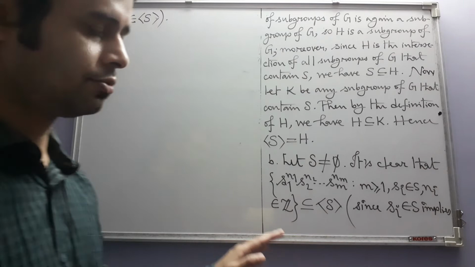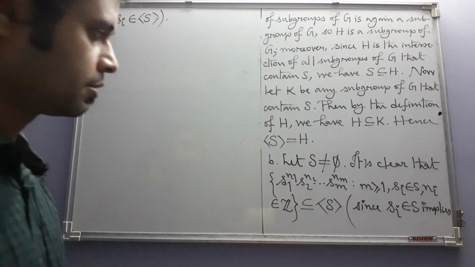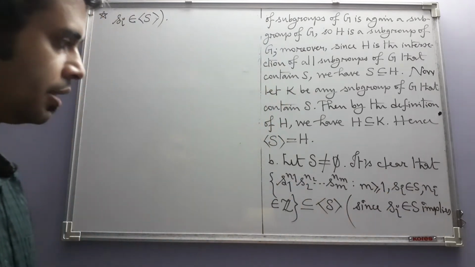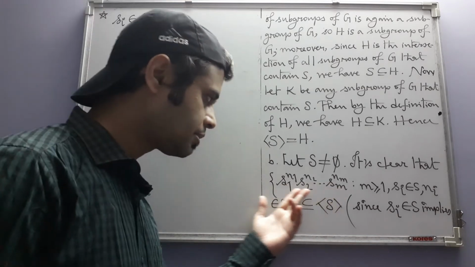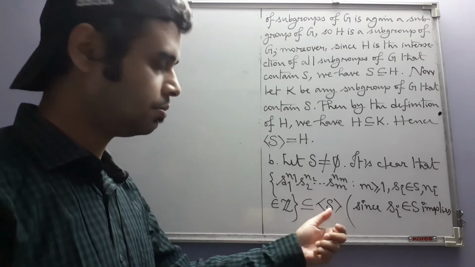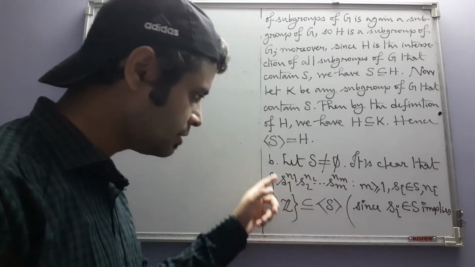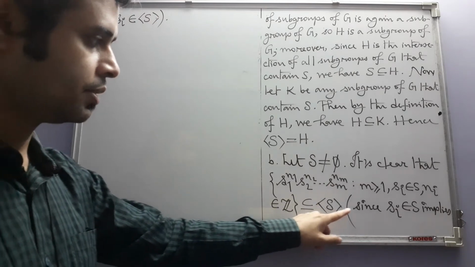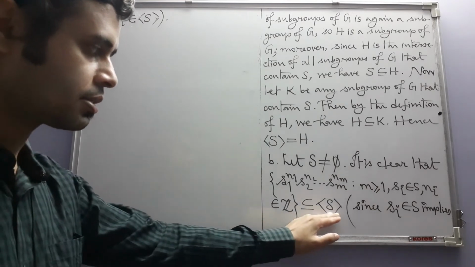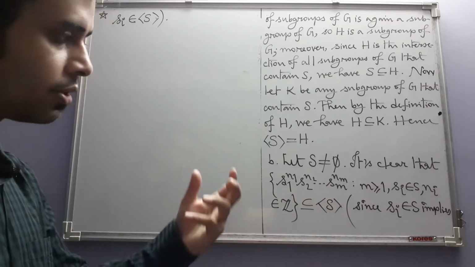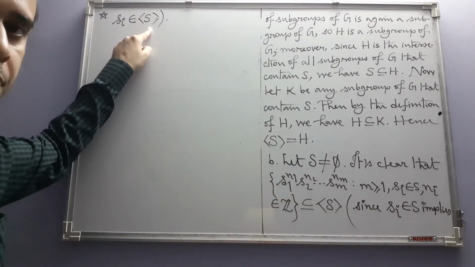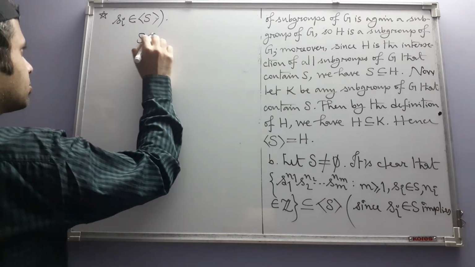Do you see why we have this? If you want to prove that this is a subset of the subgroup generated by S, obviously you have to show that all such products, all such elements in this set also belong to this subgroup. Now in showing that, you just note that every Si belongs to S, and since the subgroup generated by S itself contains S, every small Si will belong to the subgroup also.